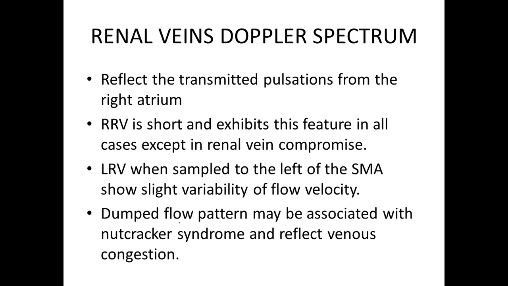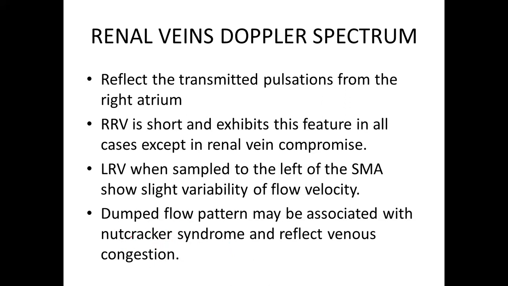The nutcracker syndrome simply implies that from our anatomy, we said the left renal vein is sandwiched between the aorta and the superior mesenteric artery. So these two vessels may compress the left renal vein and it will have a damped flow. So that is what they call the nutcracker syndrome.